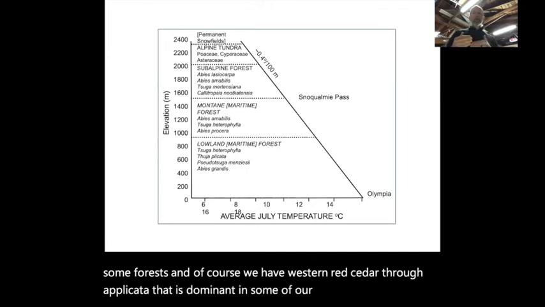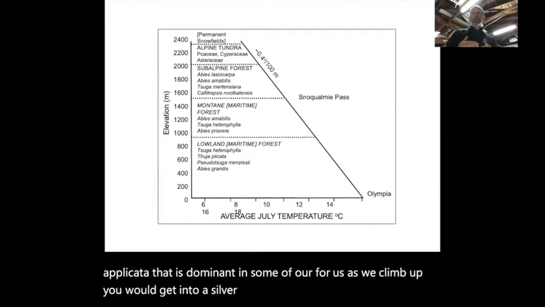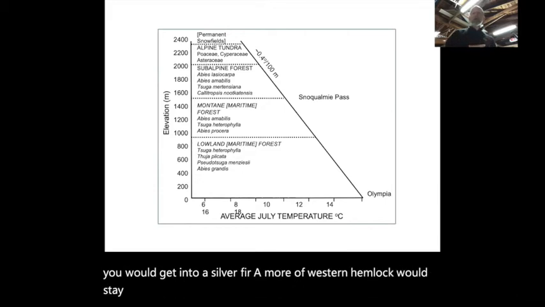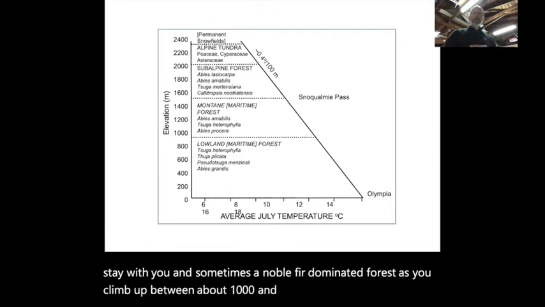As we climb up, you would get into a silver fir, more of a western hemlock would stay with you, and sometimes a noble fir dominated forest as you climb up between about 1,000 and 1,400 meters elevation.